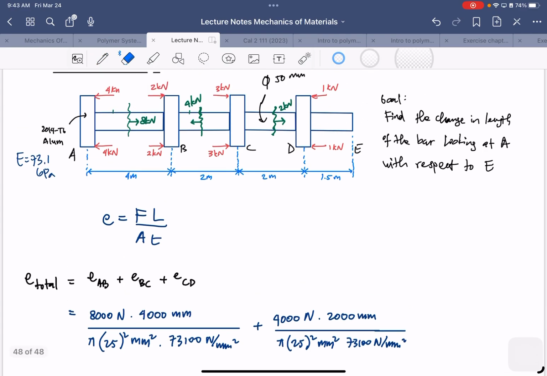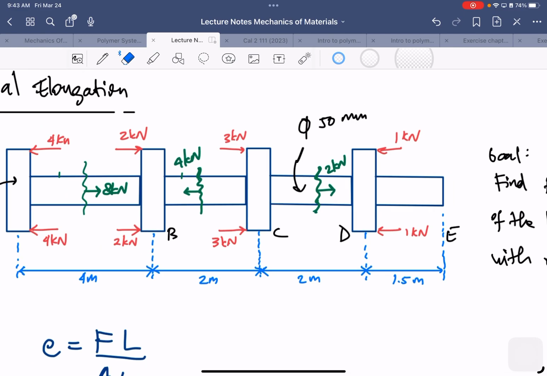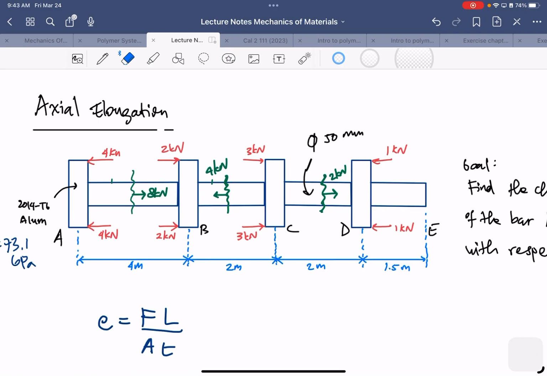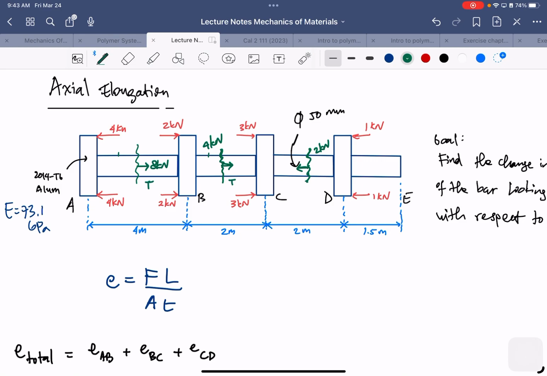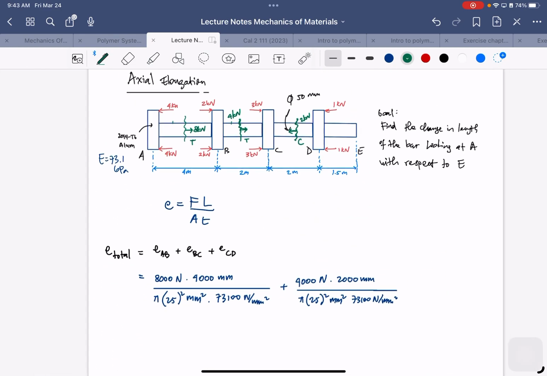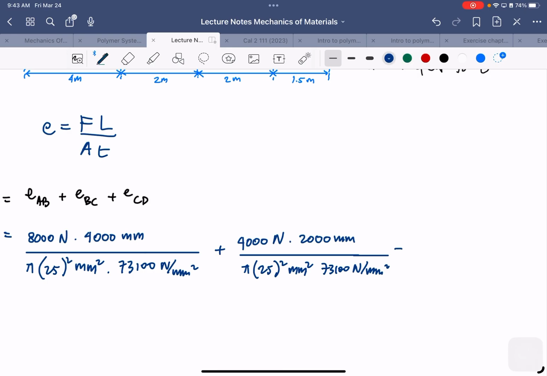And it's not plus here because, as we see, this is going to be, wait, I think it's the wrong direction. It should be tensile here, sorry. So 6, 2, this is tensile, and this is compressive. So plus and then minus the 2,000 newton, 2,000 millimeter.